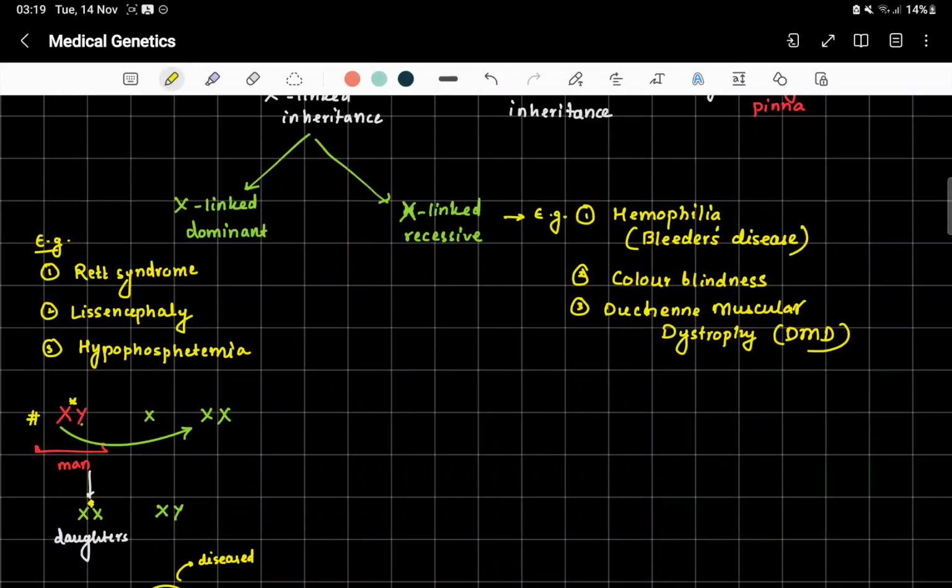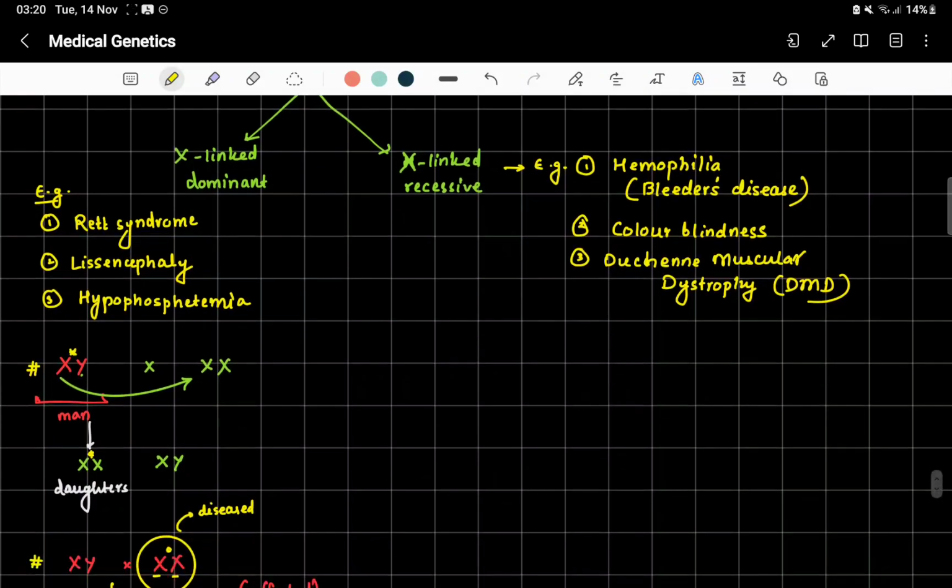The inheritance followed by X-linked recessive is called zigzag inheritance pattern.